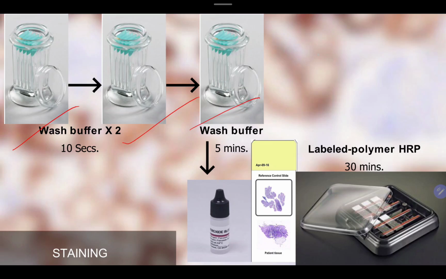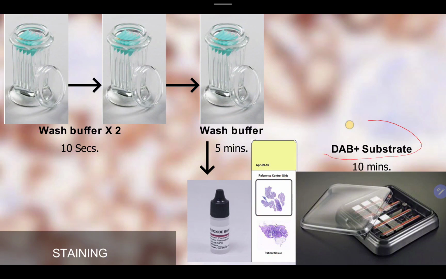After washing, this is our 4th step, the addition of your enzyme HRP, or the horseradish peroxidase. Dakopen again, then the horseradish peroxidase, then incubate again. After that, what's next? The addition of DAB substrate.